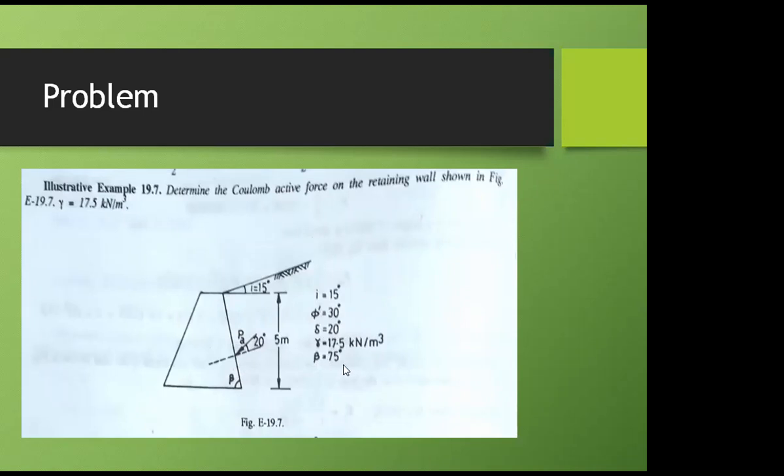So what is beta? Can anyone tell me by seeing the diagram what is beta? It is very important to know the difference between each angle. There are 4 to 5 angles in the equation. What is beta? Complementary angle.